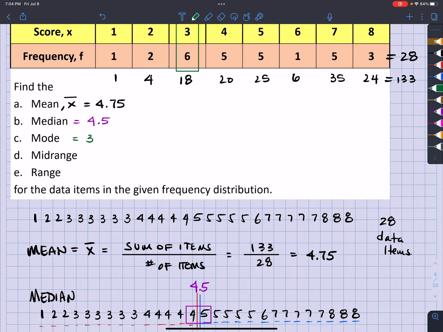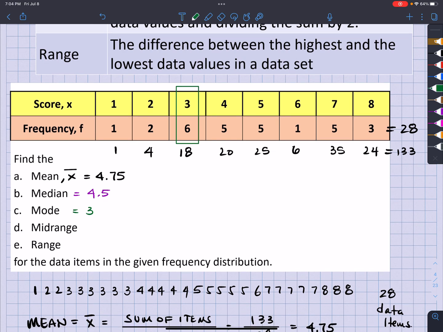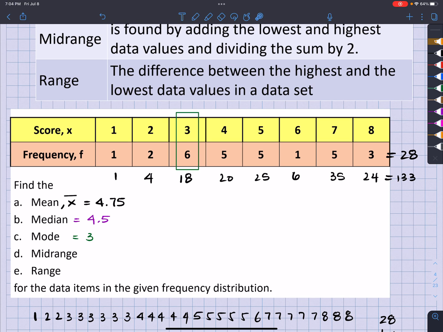Let's take a look at mid-range. Mid-range is found by adding the lowest and highest data values and dividing the sum by 2. So what is the lowest data? Lowest data is 1. What's the highest data? 8.